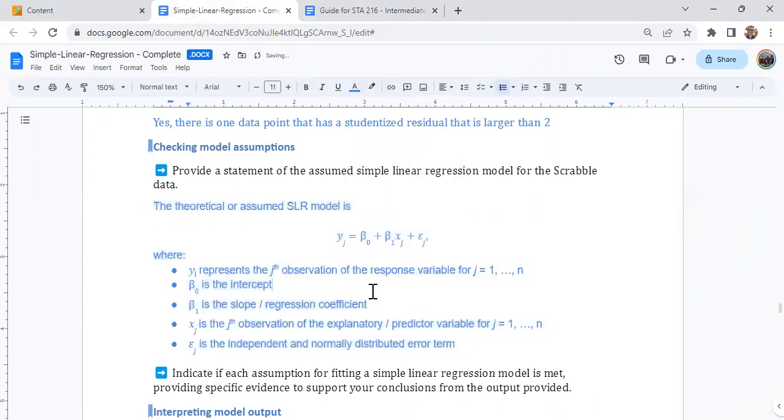Okay. All right, so here's our assumed model. And so we just need to say, mostly you just need to update what X and Y are for that context. So in this context for the Scrabble data, Y is the jth letter's... so what is our response value here?